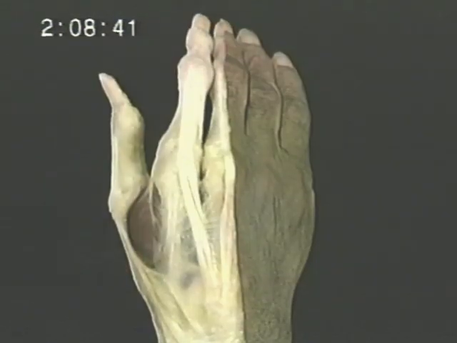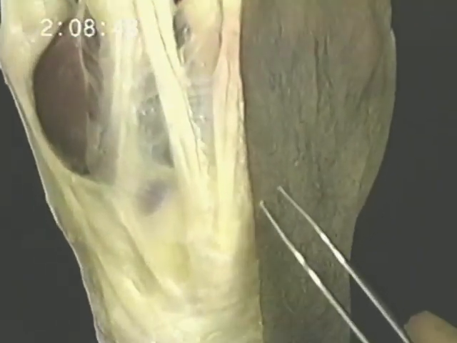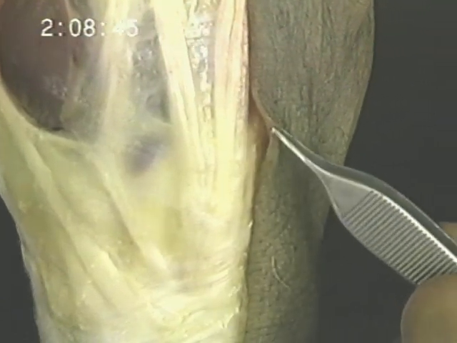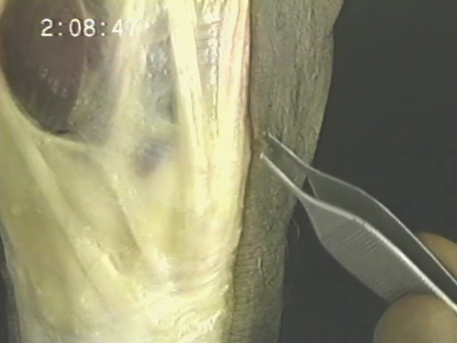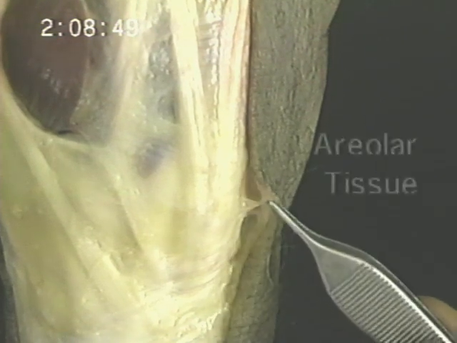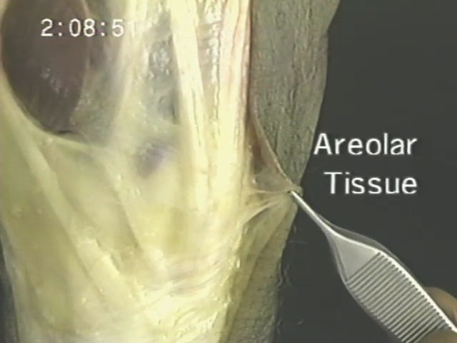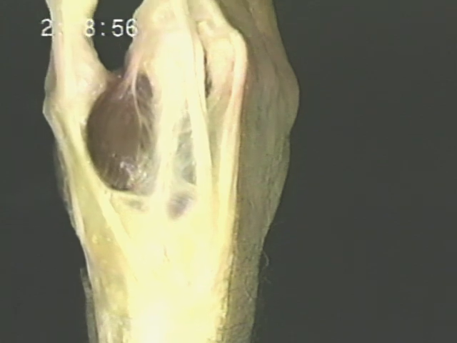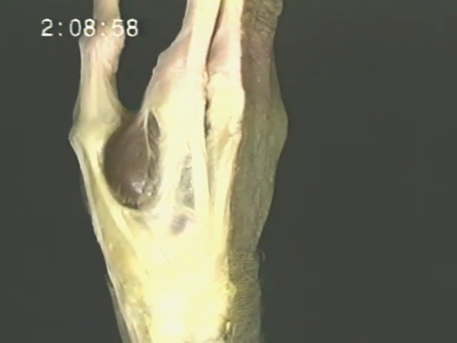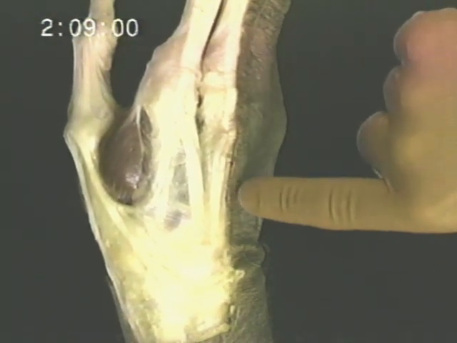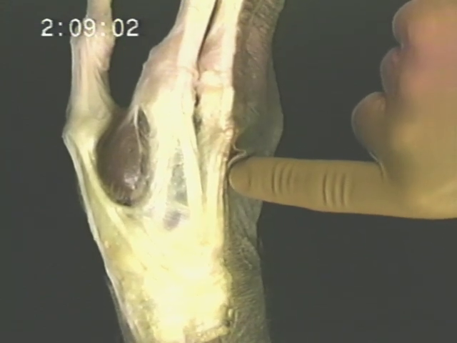Last of all, we'll take a look at the skin of the hand and at the fingernails. On the back of the hand, the skin is thin and freely movable. This underlying layer of loose areolar tissue enables the skin to move. When the wrist and the MP joints are extended, the skin is loose and redundant.